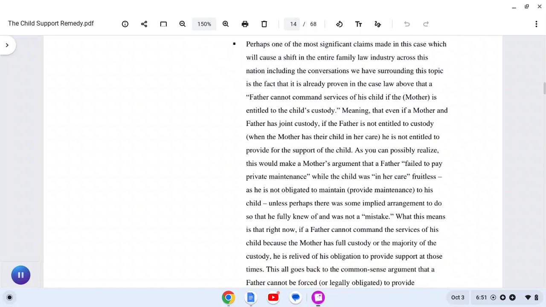As you can possibly realize, this will make a mother's argument that a father failed to pay private maintenance while the child was in her care fruitless, as he is not obligated to provide maintenance to his child unless perhaps there was some implied arrangement to do so that he fully knew of and was not a mistake. What this means is that right now, if a father cannot command the services of his child because the mother has full custody or the majority of the custody, he is relieved from his obligation to provide support at those times.